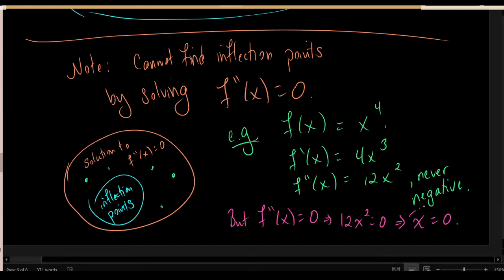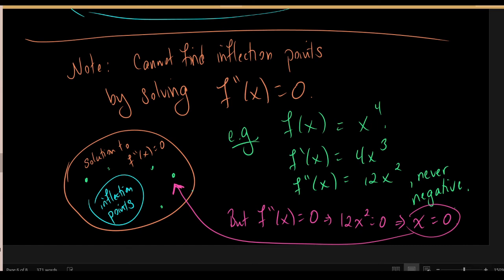X equals 0 would be an example of one of the points which is a solution to f double prime equals 0, but which is not an inflection point. So you really do have to go through this process of asking yourself the question, where does the sign of f double prime actually change? Where does f double prime actually switch from being positive to being negative, or vice versa? No shortcuts here.